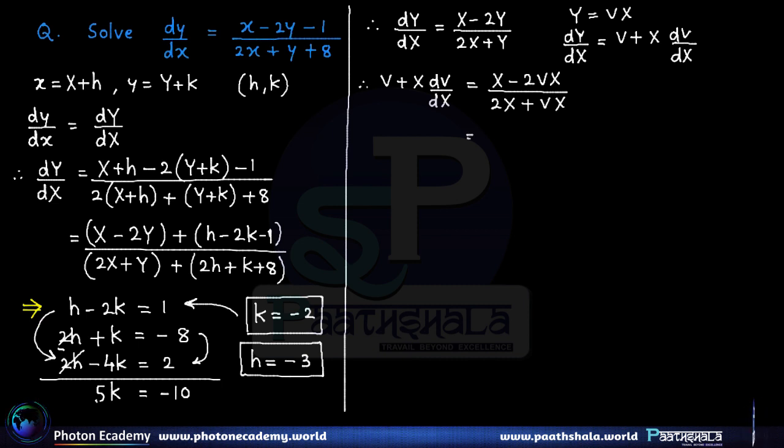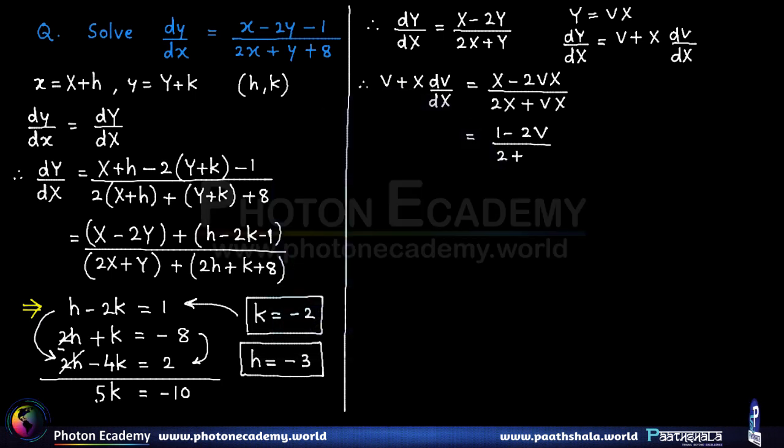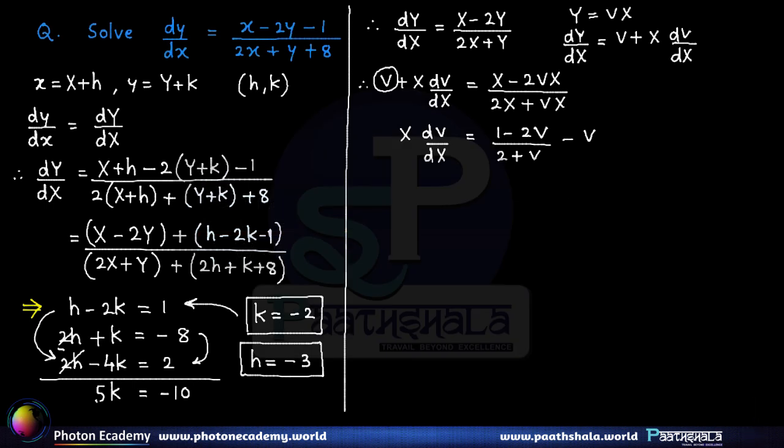So therefore on cancelling we will get (1 minus 2v) upon (2 plus v), and we already have one v term here. So on cancelling that v term, let us subtract it on right hand side, so that on left hand side we would have only x dv by dx, right?